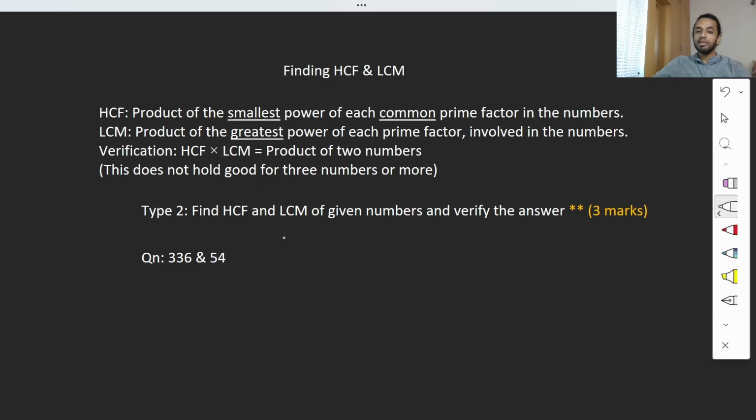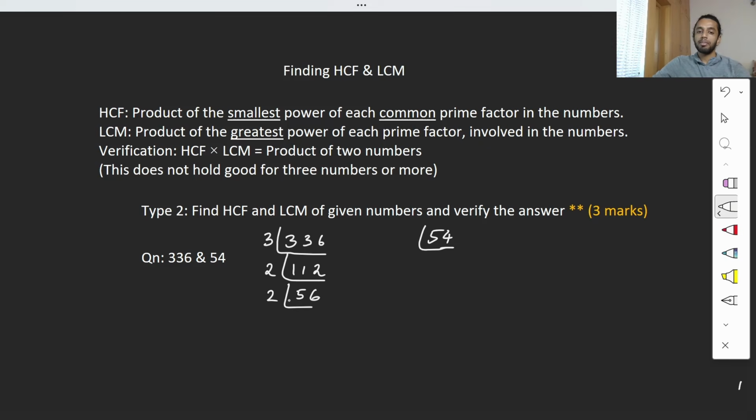Let me directly solve this question. If they have given us two numbers, 336 and 54, we need to take the numbers individually and do the prime factorization like how we did it in the first type. When I factorize, this can be divided by 3, so I do 1, 1, 2, and again it ends in 2, so it is divisible by 2. 2 5s are 10, 2 6s are 12.